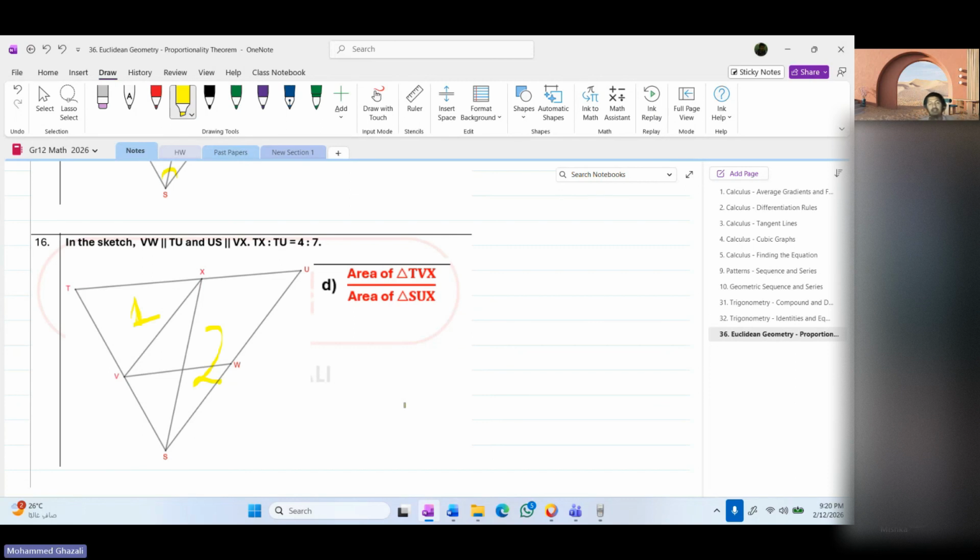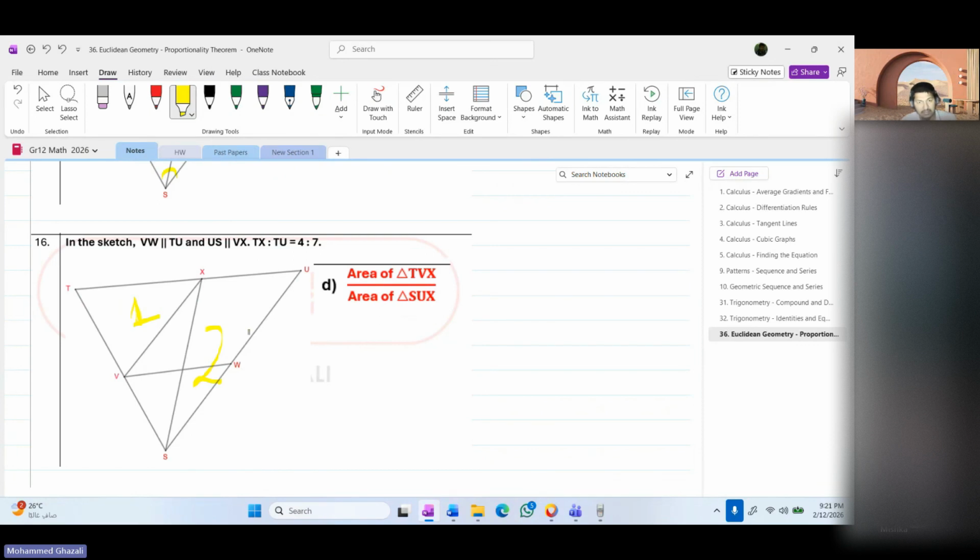This doesn't even have a common vertex, neither does it have a common height. Because there's another triangle in between separating these two. Where am I supposed to draw the altitude? Right, so we got a big problem here.